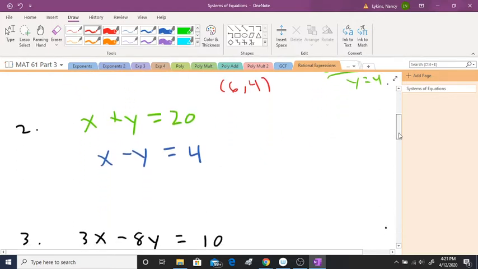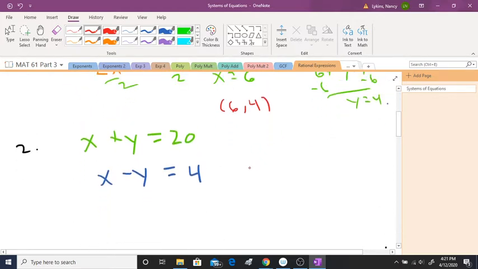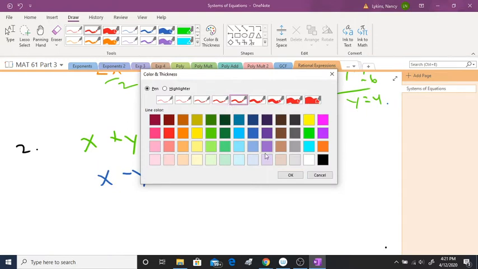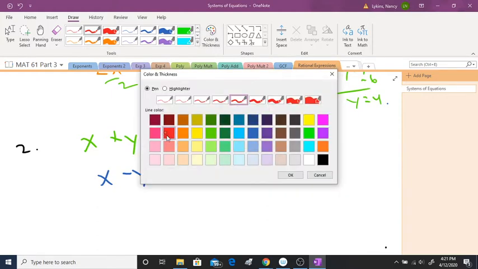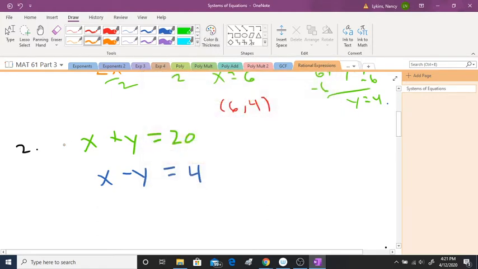So now I want to show us how to do this by a calculator. I'm going to do a short lesson on matrix. Matrix is row by column.